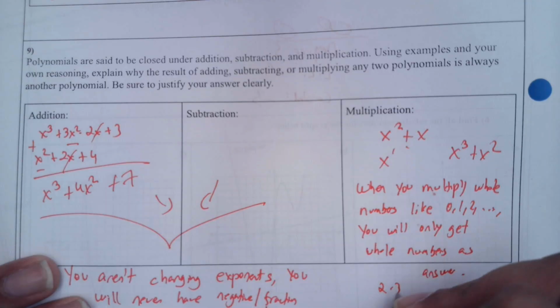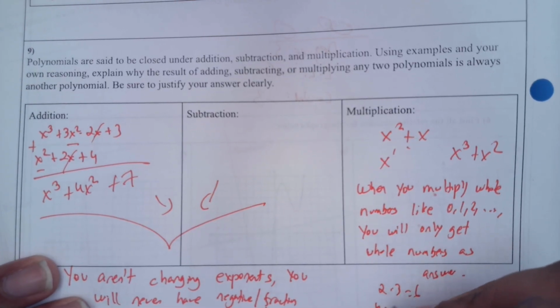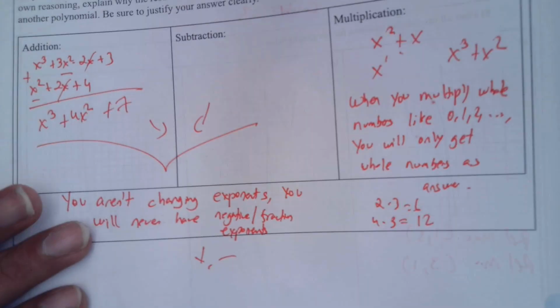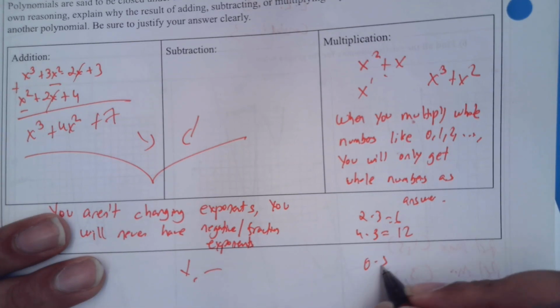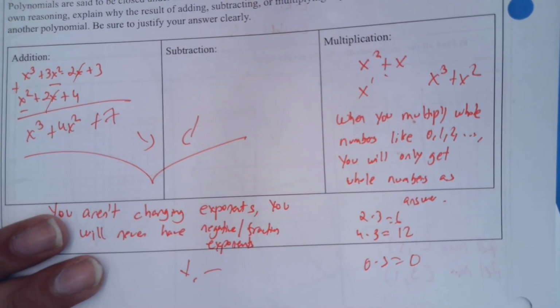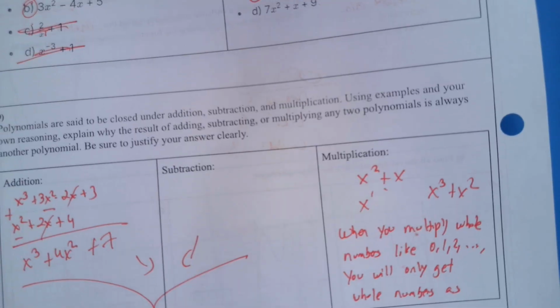For example, 2 times 3 is 6, 4 times 3 is 12 and so on. And even if it's 0, right? 0 times 3 is 0, which is still part of whole numbers, right? Cool. That's a good justification, I would say.